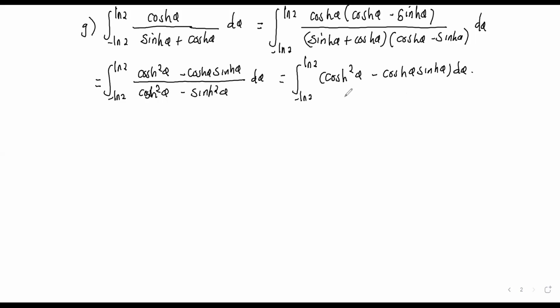So now at this point, we can integrate. What's the half angle formula for hyperbolic tan?